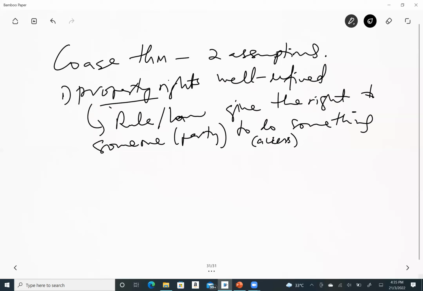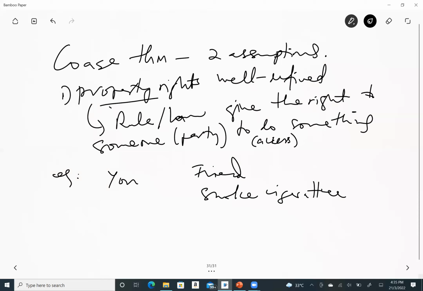So, I'll give you an example. Let's say you and your friend. This is you. This is your friend. He smokes cigarettes. In terms of right, does he have the right to smoke? Now, you don't like cigarette smoke.